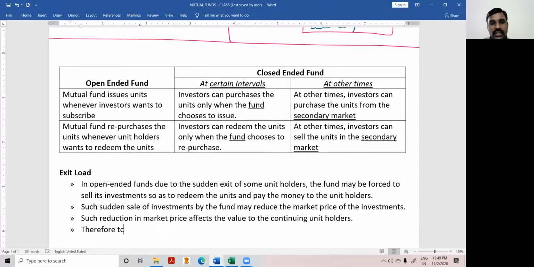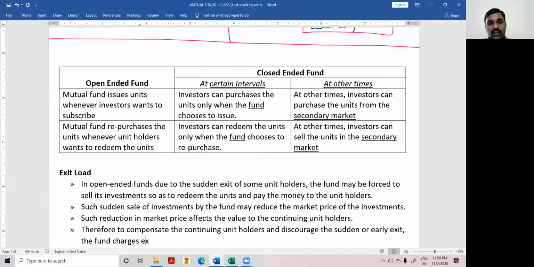Therefore, to compensate the continuing unit holders, and to discourage the sudden or early exit, the fund charges exit load. The fund charges exit load from those unit holders who want to redeem their units. This is as simple as that.